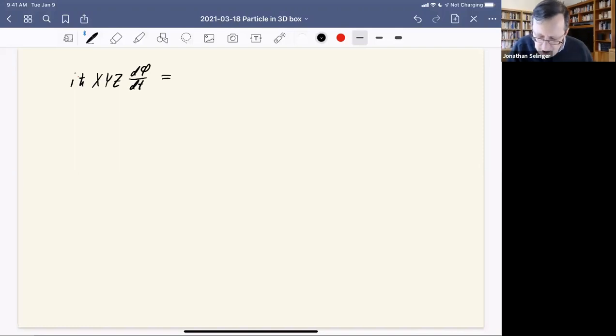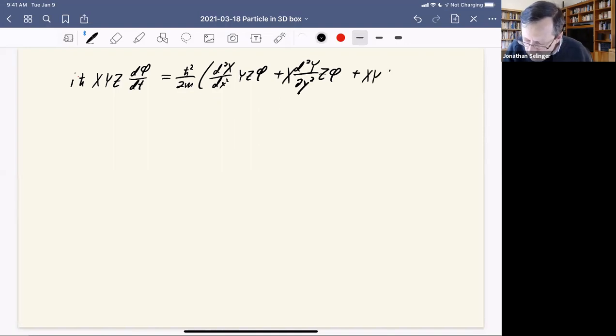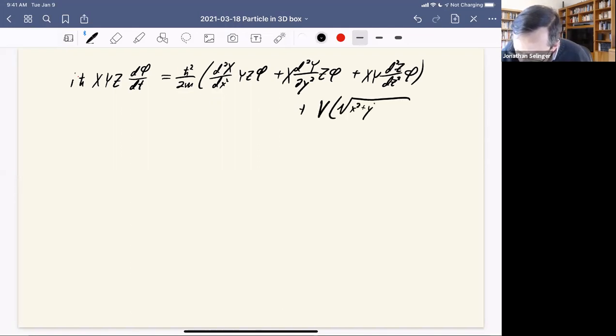And then on the right, we have h bar squared over 2m, and let's see, the second derivative of the x function times y z phi plus the second derivative of the y function times x z phi plus the second derivative of the z function, fine, okay, plus V of square root of x squared plus y squared plus z squared times x, y, z phi, okay?